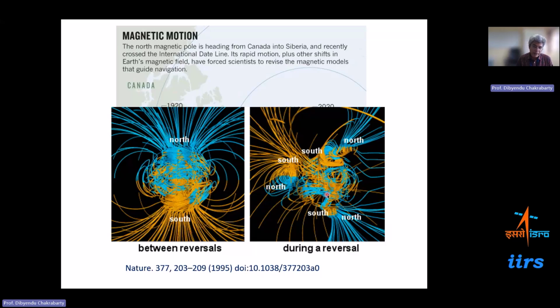And in between this polarity reversal, there comes a period when Earth didn't have a dipolar magnetic field configuration. It had a multipolar magnetic field configuration. And at that time, you can easily guess the kind of interaction it will have with the solar wind will be very different than what you encounter at this point of time. So it is very important to track the evolution of the magnetic field in the context of space weather assessment and forecasting.